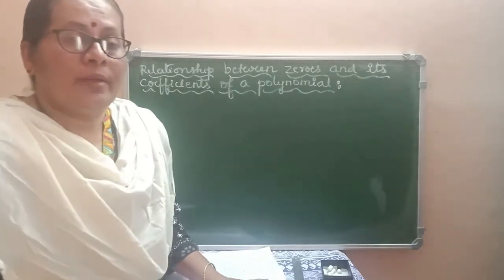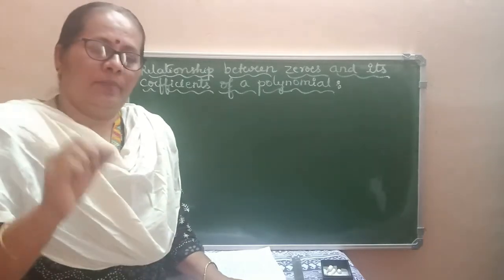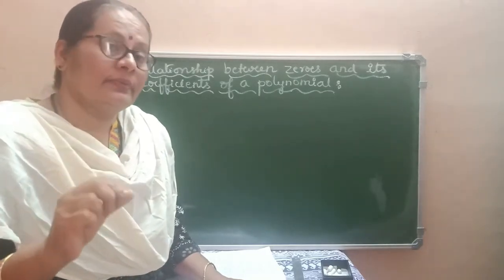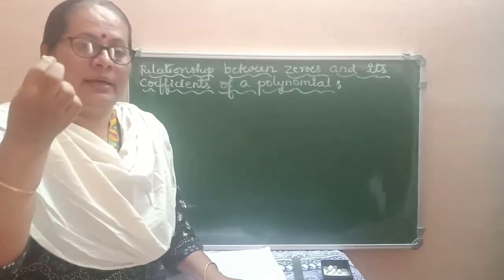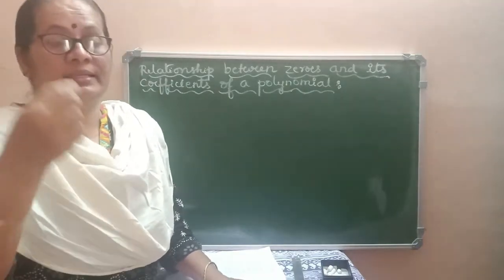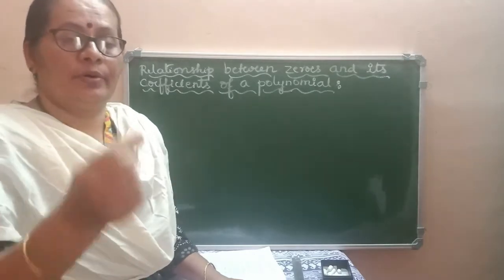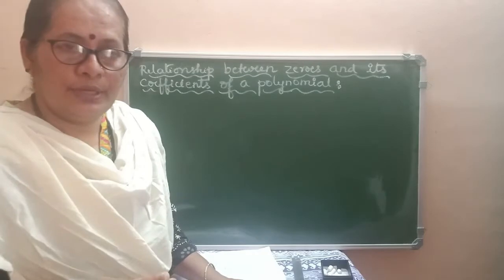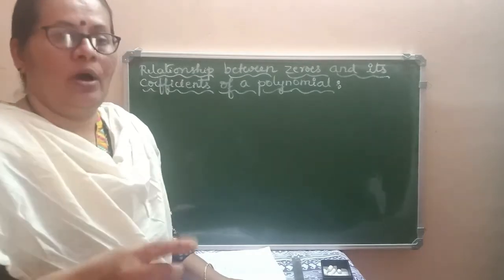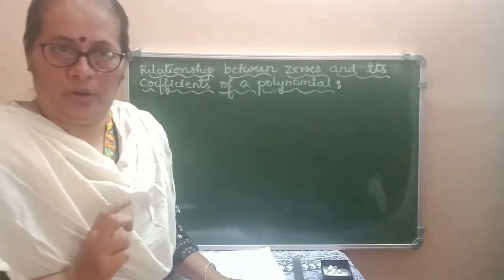What about a cubic polynomial? A cubic polynomial has at the most 3 zeros because the degree of the polynomial is 3. You may get 1 zero, 2 zeros or 3 zeros, or sometimes no zero also.